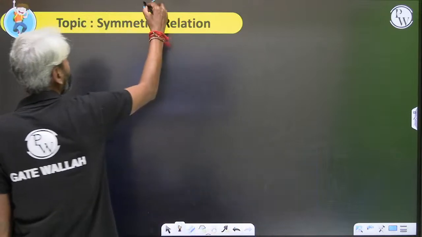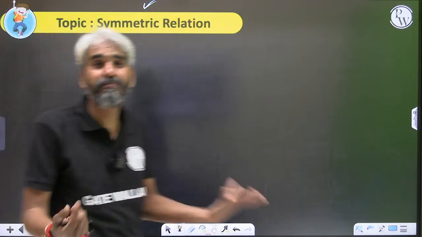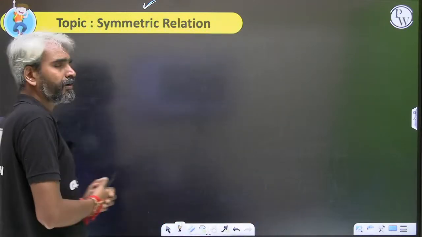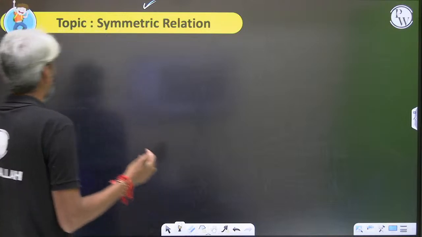Sir, what do we mean by symmetric relation? Symmetric, the name itself suggests that there should be some symmetricity, right? So with respect to ordered pairs, what will be symmetricity? Let's try to understand.